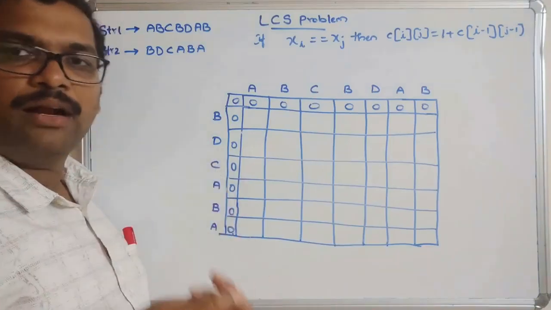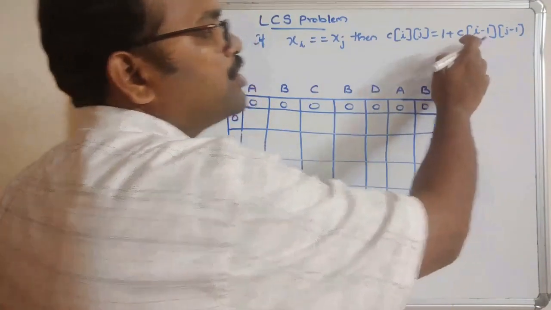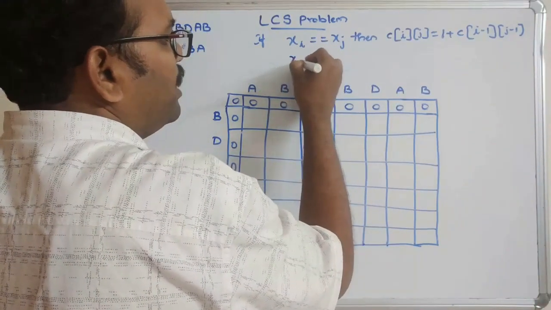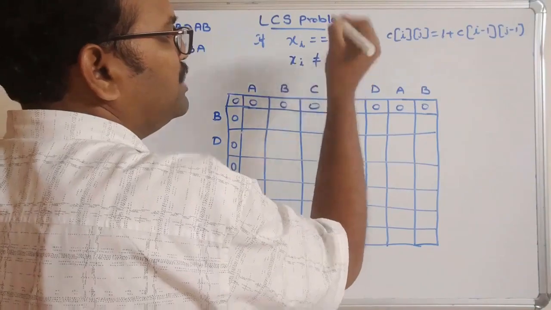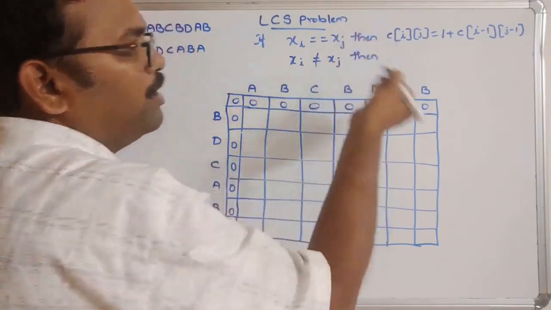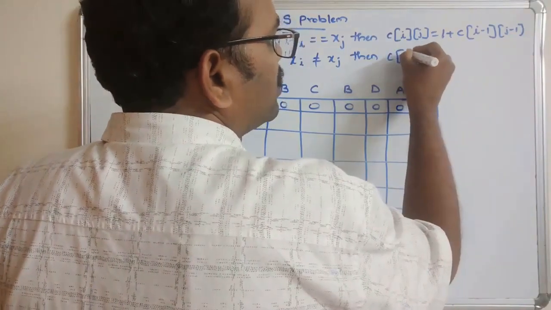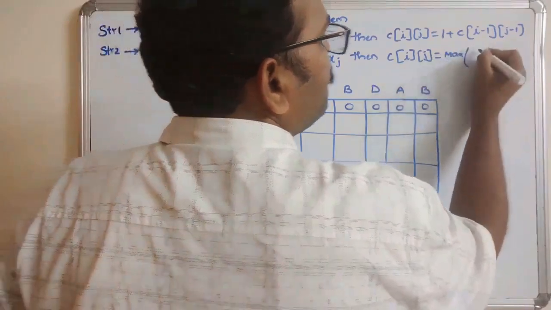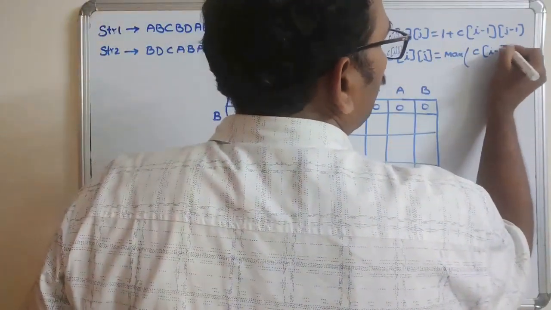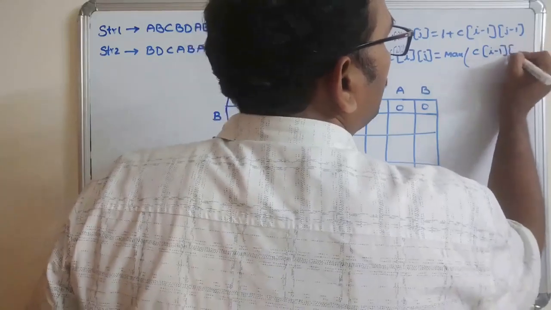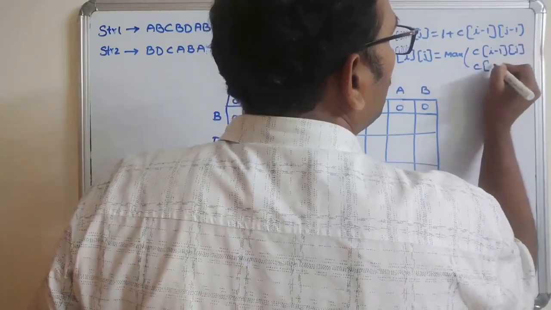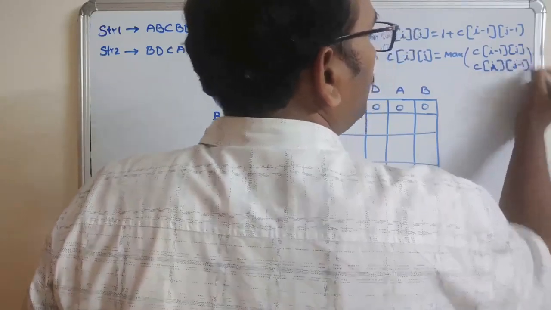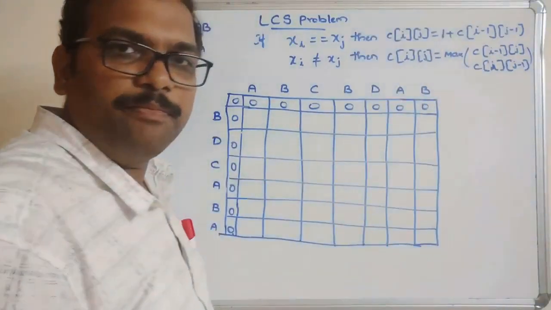So we need to add 1 to the cost of i minus 1, j minus 1. The second one: if both the elements are not equal, then the cost of i, j will be the maximum of cost of i minus 1, j or cost of i, j minus 1. Among these two we have to select the maximum.